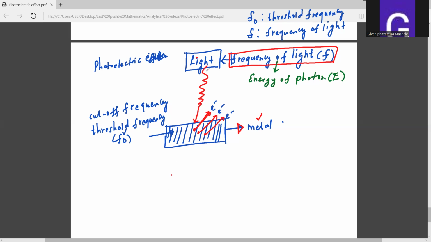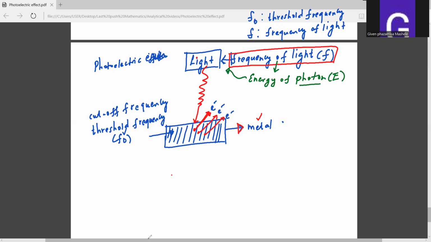So when light shines onto the metal, it comes with its own packet of energy, which is regarded as quanta, or photons. This energy of the photon depends on the frequency of the light, not on the metal.